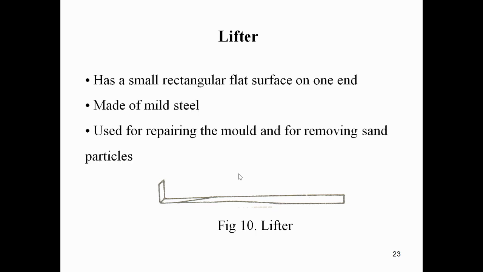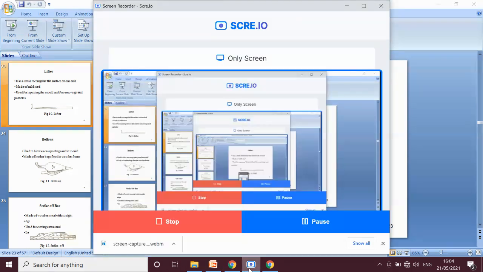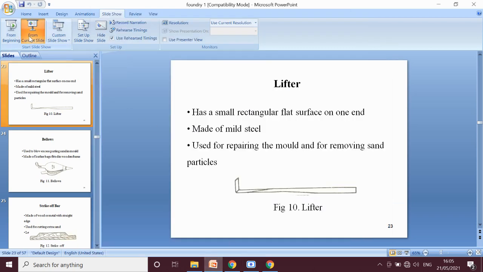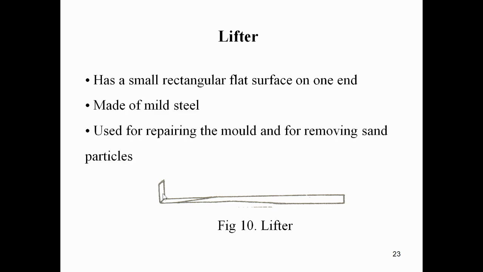The next one is the lifter. This is a diagram of a lifter. The lifter has a small rectangular flat surface on one end.